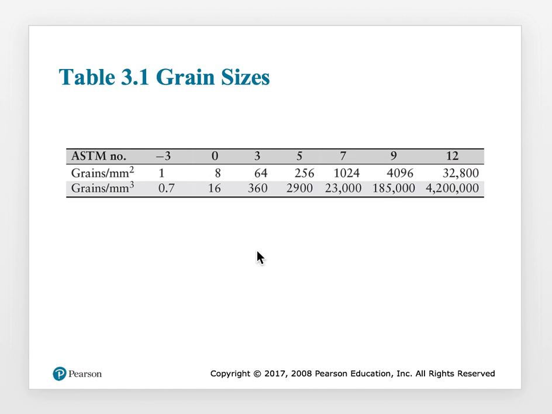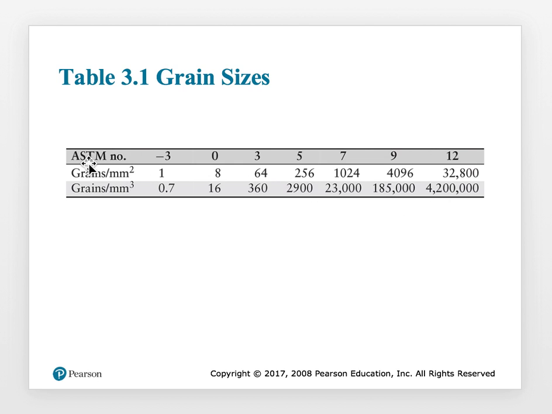And so if you had ASTM grain size number 0, you had 8 grains per millimeter squared. So which means that there are 64 grains in 1 centimeter squared. So if you go to grain size number 3, there are 64 grains per millimeter squared. So which means that you have 64 times 2 in 1 centimeter squared. So you will be able to calculate that.